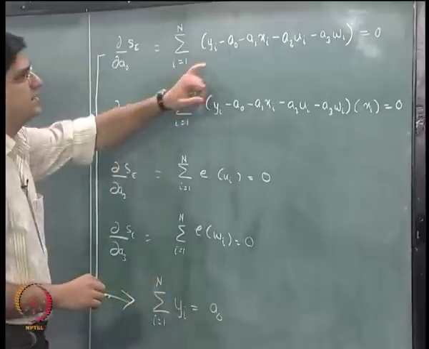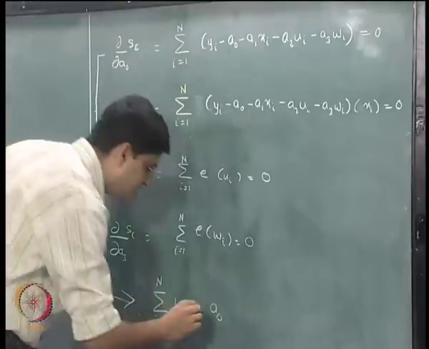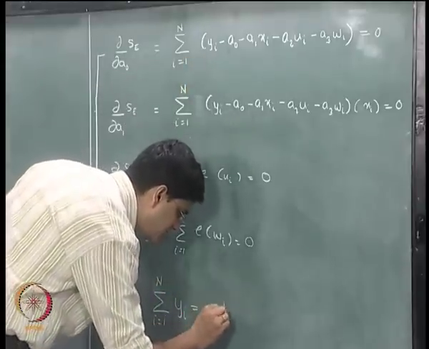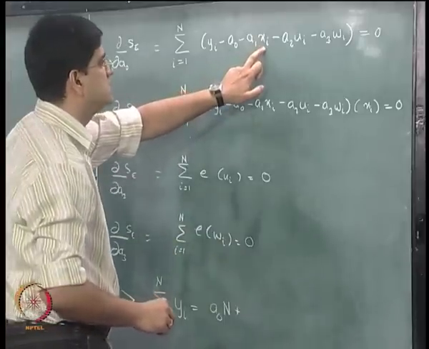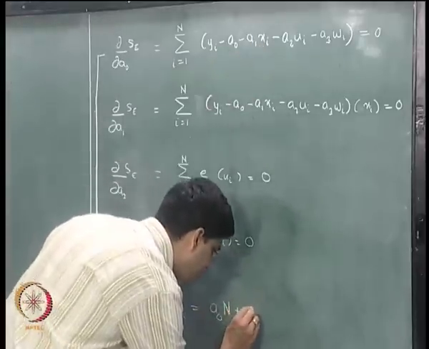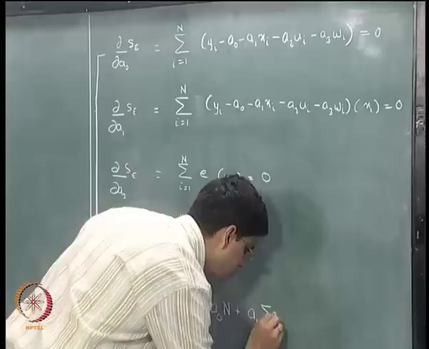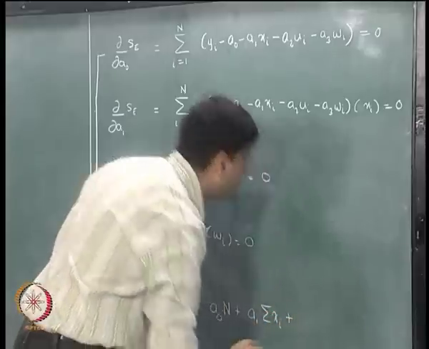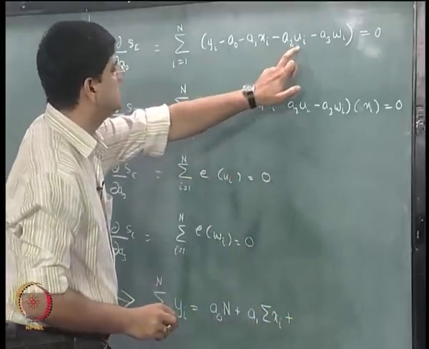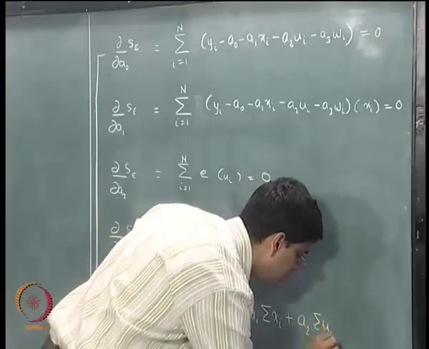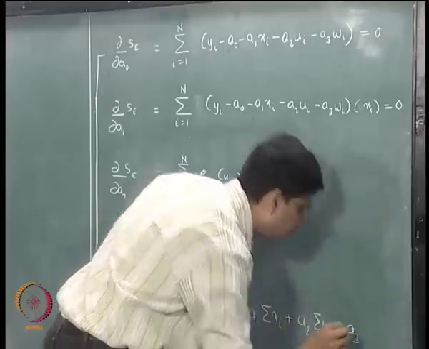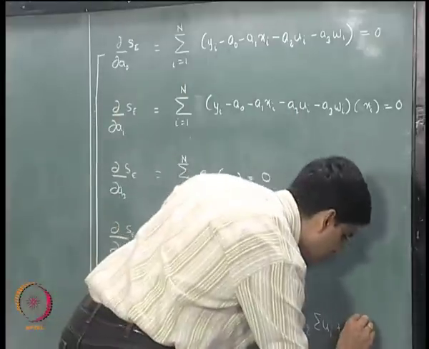a0 multiplied by summation of 1, summation of 1 is nothing but n, so a0 multiplied by n, plus a1 multiplied by summation xi, plus a2 multiplied by summation ui, plus a3 multiplied by summation wi.